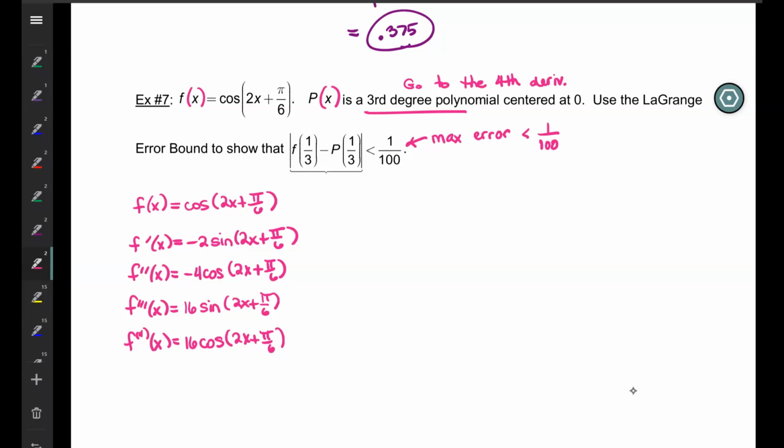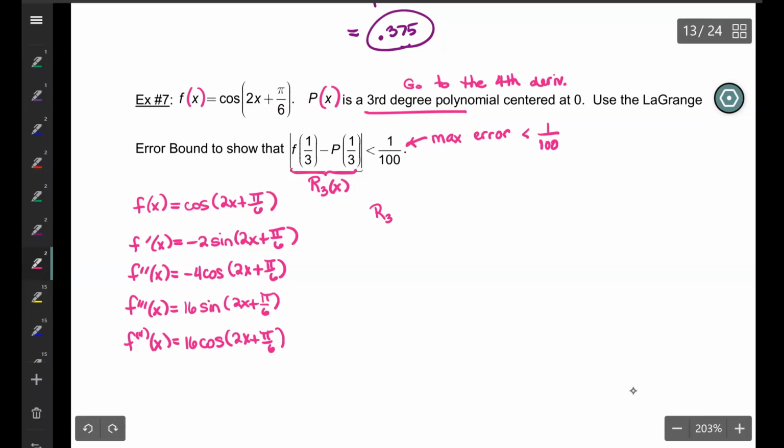Okay, now this, again, is my remainder, what I have here. So let's figure out what the maximum error is for that. Now notice I'm not actually finding the Taylor polynomial. I don't need to. It just says use that to figure out how far it's off.